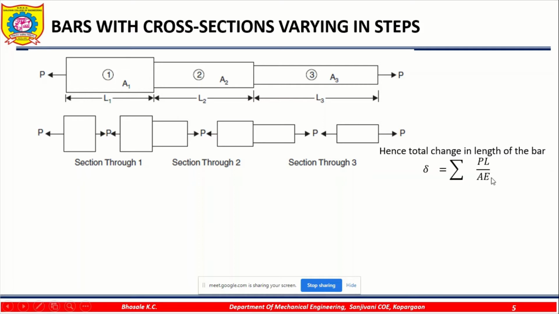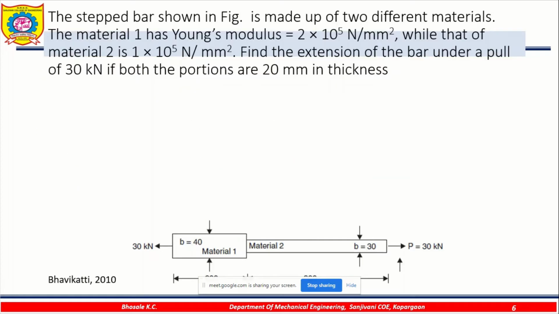So the total change in length will be equal to the summation of the changes in length of all the parts. So this is the one numerical. We'll solve this numerical and find out the change in length.